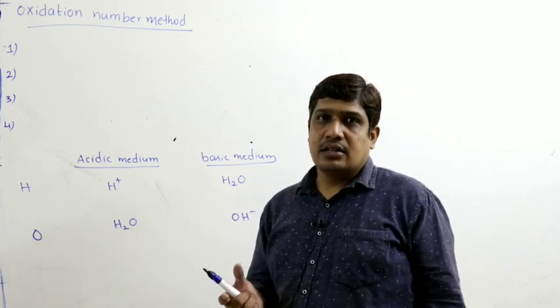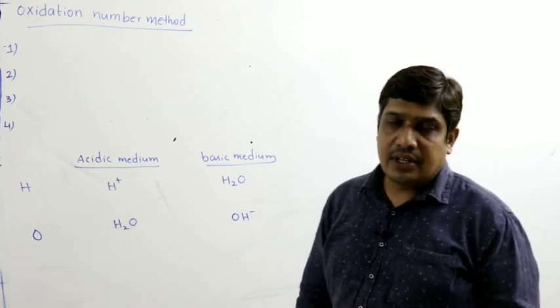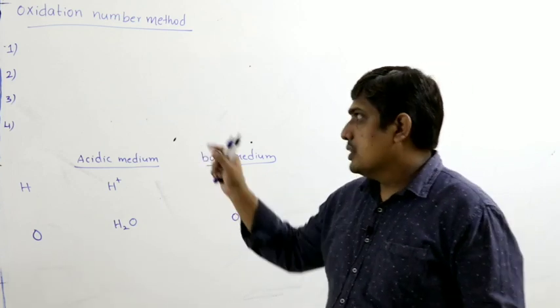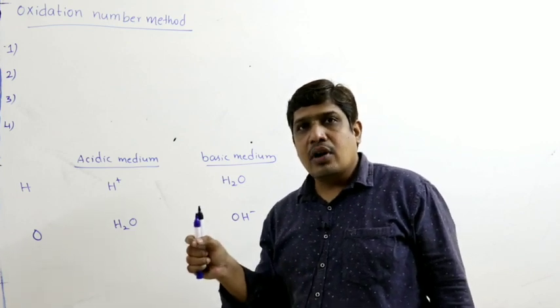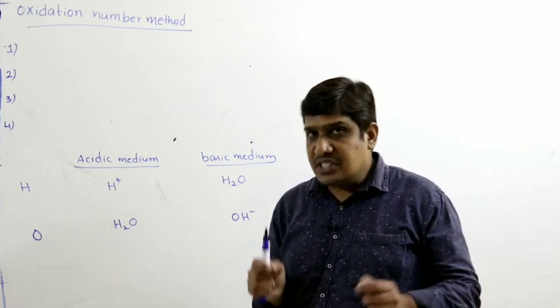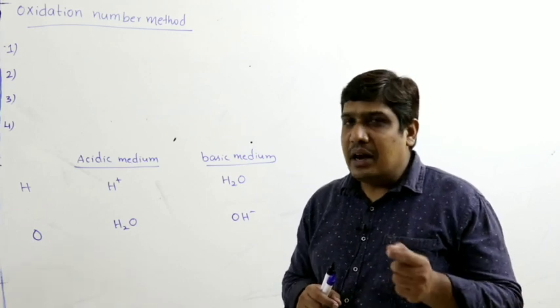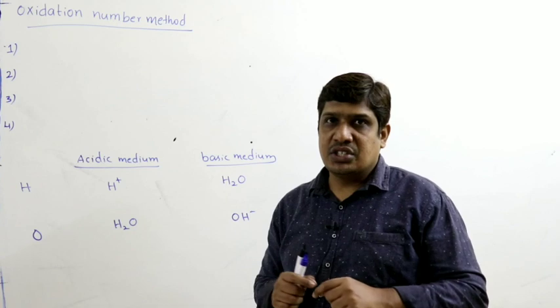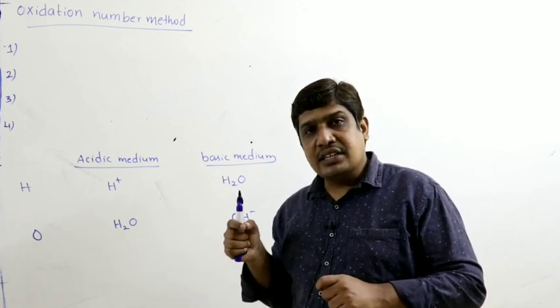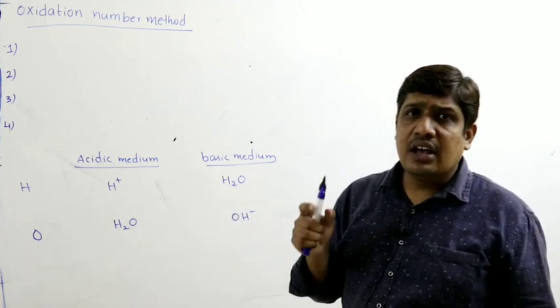Try to balance those atoms by hit and trial method. Then the number of units change in oxidation must be equal to the number of units change in reduction. If this is not observed, then multiply the oxidizing agent with the number of units change in oxidation and the reducing agent with the number of units change in reduction.